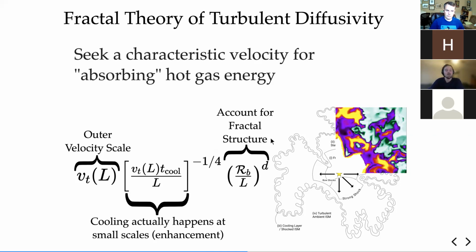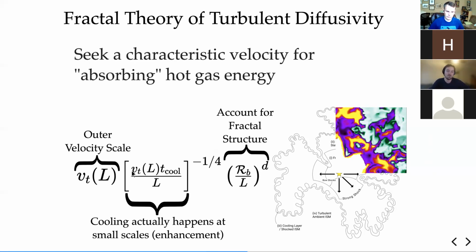What we want to measure is the scale of that turbulence. The idea is that you have a turbulent cascade, with turbulent velocities on larger scales that, when they encounter this surface, mix and cascade to smaller scales. Eventually the scale that matters is the cooling length scale, the scale on which your cooling time is comparable to your eddy turnover time. That's where all of the actual energy is going to be lost.